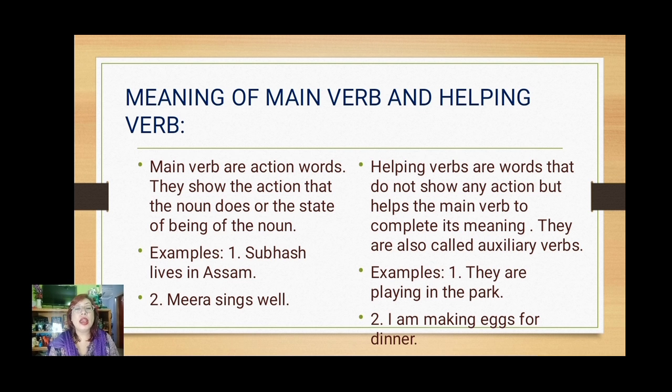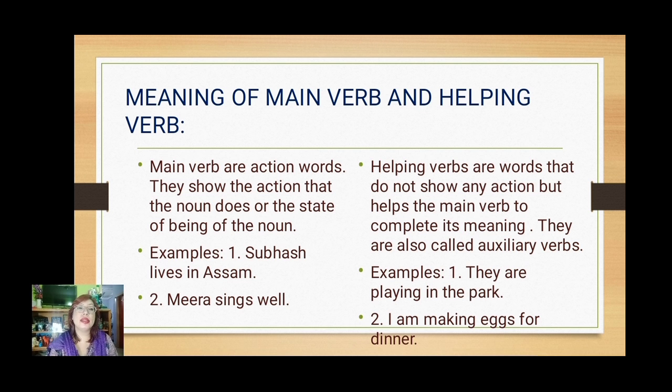Similarly, see example number 2, Meera sings well. Here we can see that Meera is the subject or the noun, which is expert in singing, right? So sings is the verb over here. Now this kind of verb denotes action. So these kinds of verbs are called the main verb in a sentence.